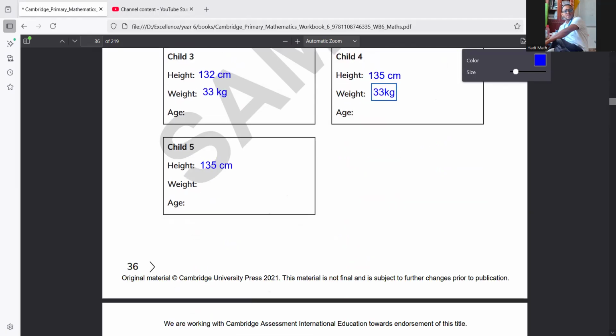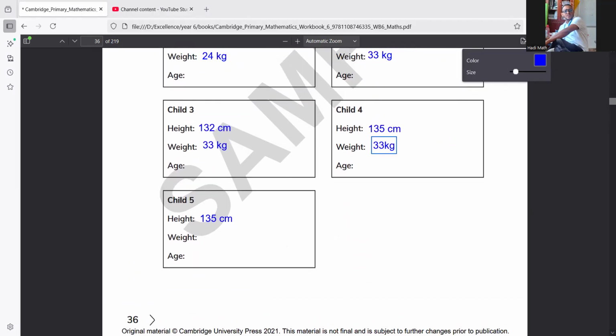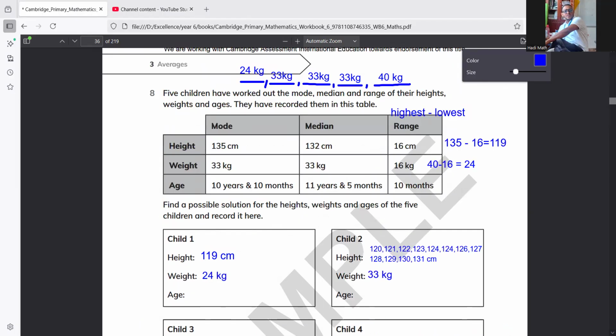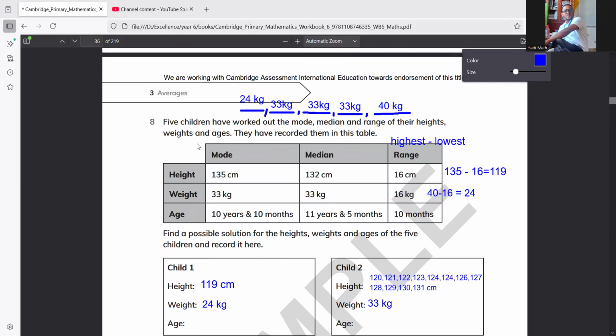The last one, according to this, is 24. 24 plus 16 is equal to 40, because I have a range and I need to go according to the range. 40 kilograms. Now I'm done with the weight. Let's take this weight out.